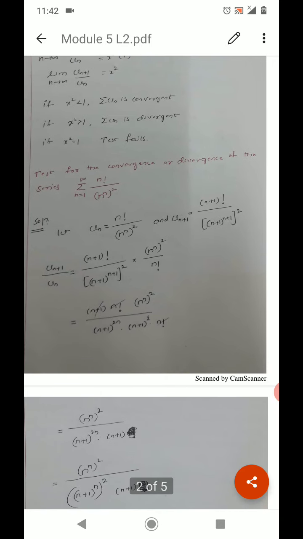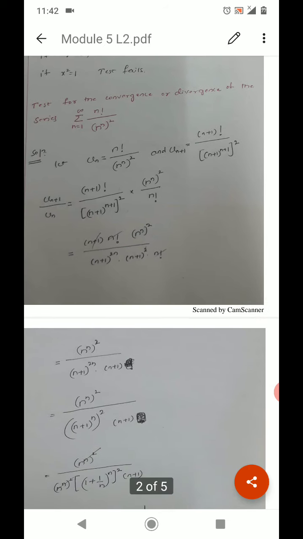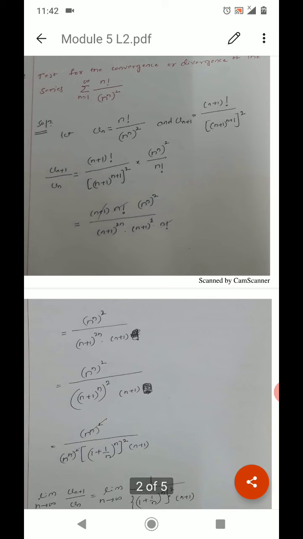Again in the numerator, n plus 1 factorial can be written as n plus 1 into n factorial. So from numerator and denominator, n factorial gets cancelled, and we have n to the power n, whole to the power 2, divided by n plus 1 to the power 2n into n plus 1.